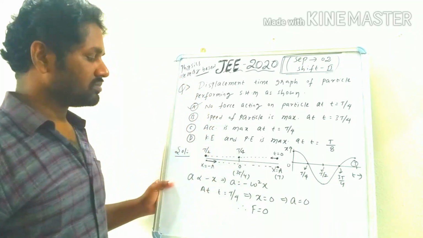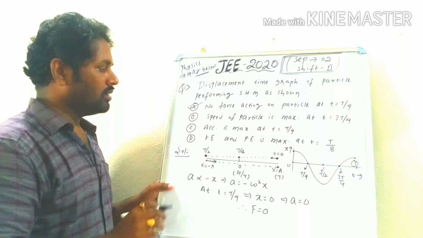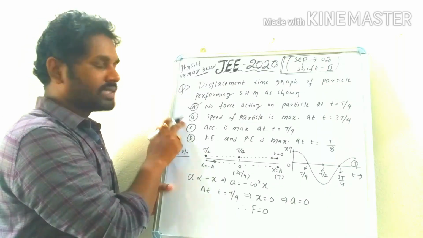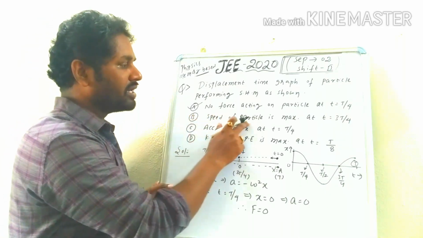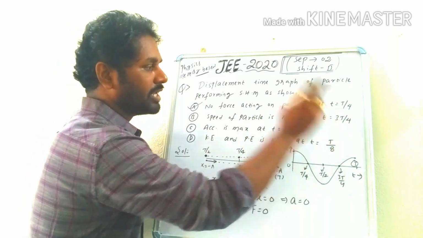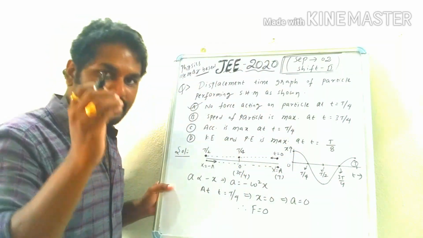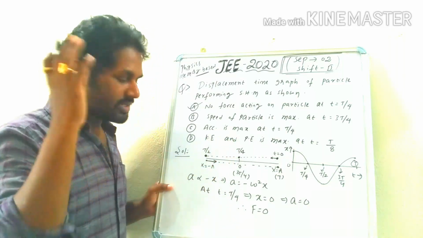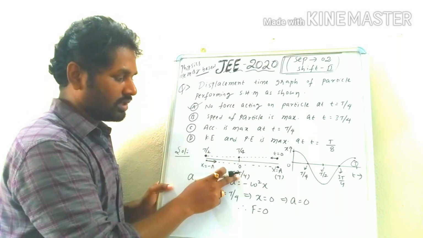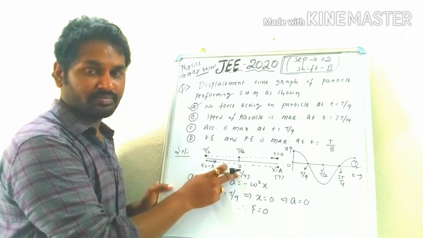You got the first one? So next move to the second statement, which is the speed of the particle is maximum at 3T by 4. So at time 3T by 4, where is the particle? Here. Again it is at the mean position.